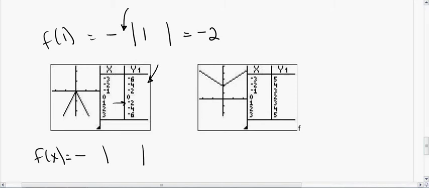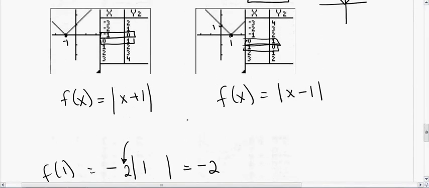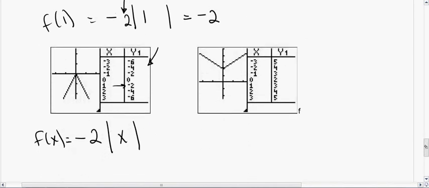And the only thing I can do, other than adding or subtracting, to change the number is to multiply. I must have to multiply this by 2. So I think that this is going to be my rule. But let's just double check. Yeah, I think there has been a vertical stretch, and that's why it's looking a little bit skinnier than otherwise we would have seen. Like, it looks a little more closed up than the ones from above.